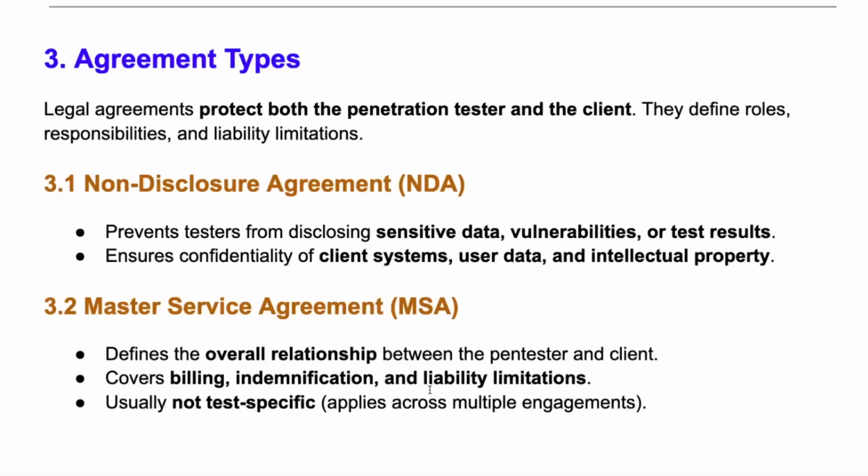You will most likely update this, and whenever you do, you need to get new signatures on it. That is also disclosed in the agreement: we reserve the right to update this at any point and then have you reaffirm that you understand and sign off on it.